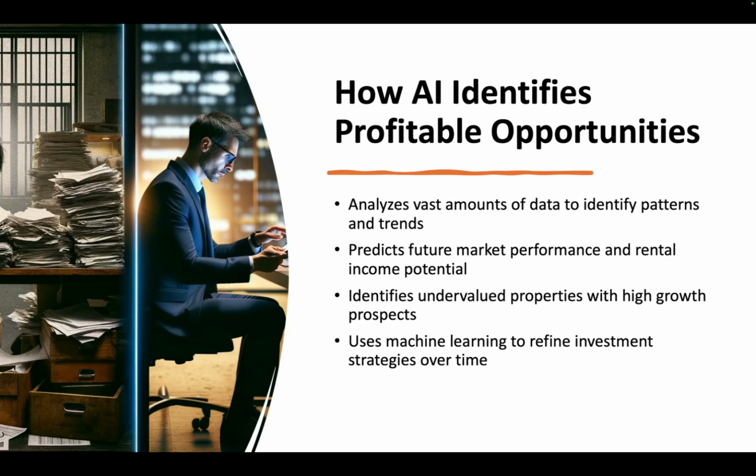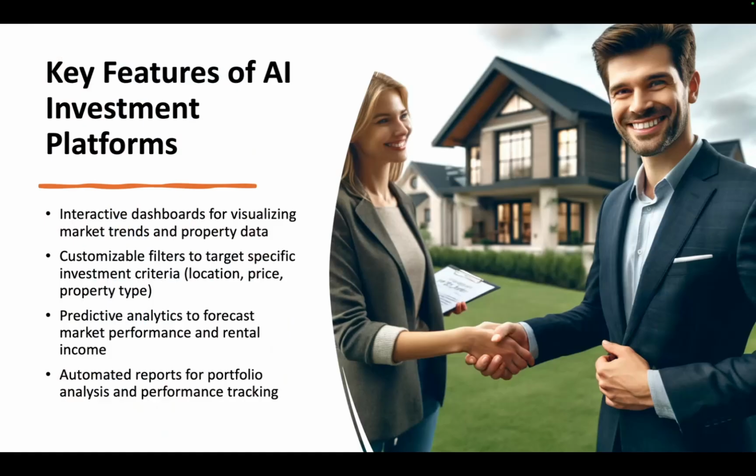But in general terms, the information that you get access to with AI and the information that AI can be trained on gives you that unfair advantage. So it also identifies undervalued properties with high growth potential, and it can use machine learning to refine your investment strategies over time.